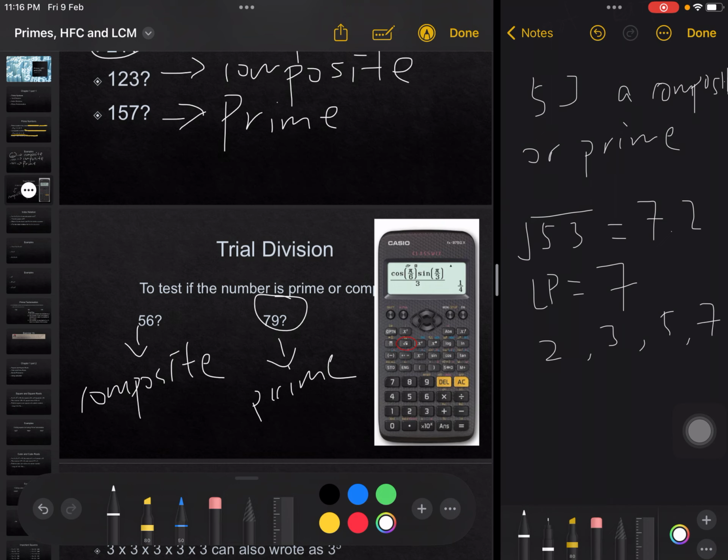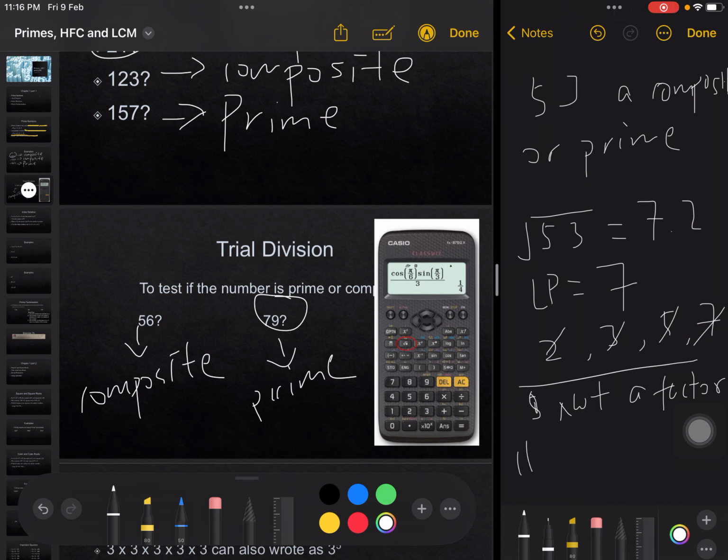Can 53 be divided by 2? No. Can 53 be divided by 3? No. Can 53 be divided by 5? No. And 7? No. So all these four are not a factor of 53. Correct?